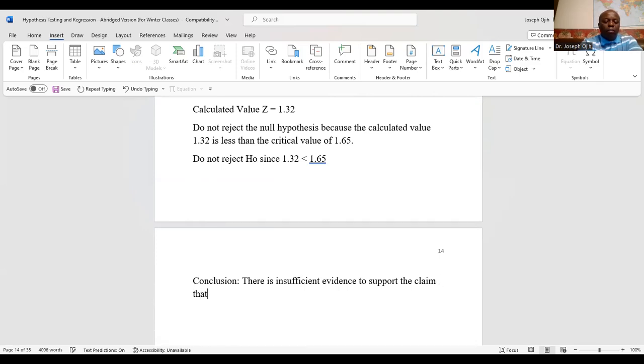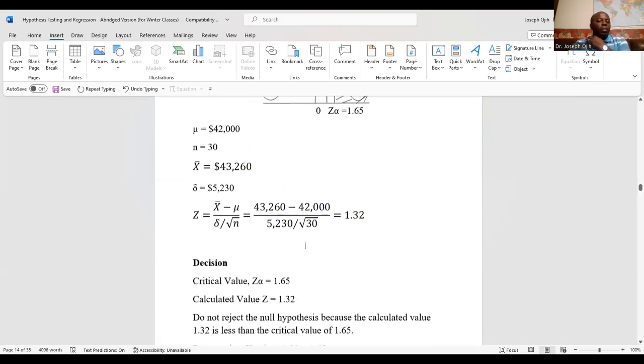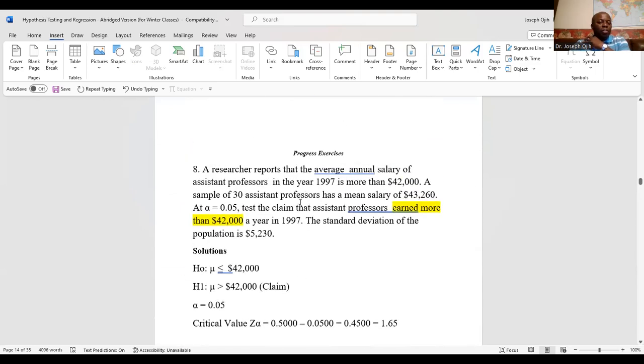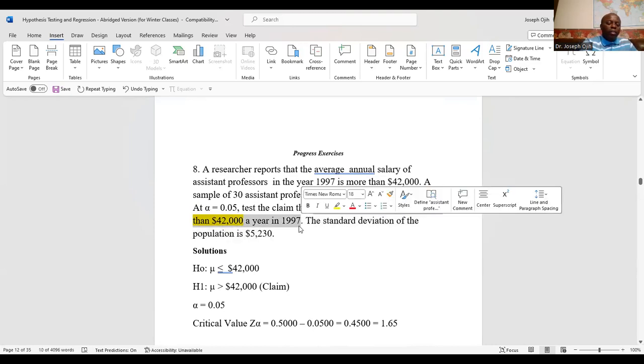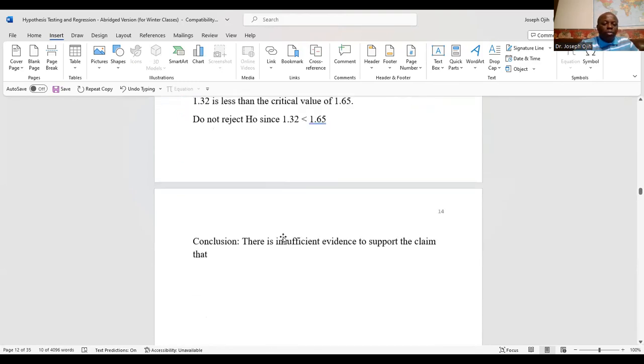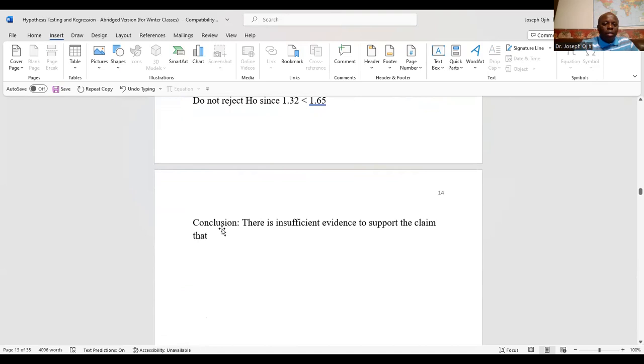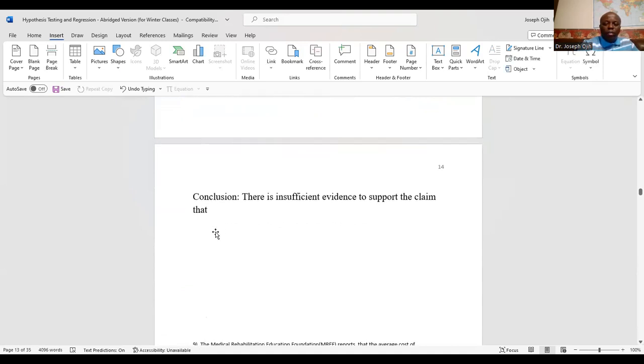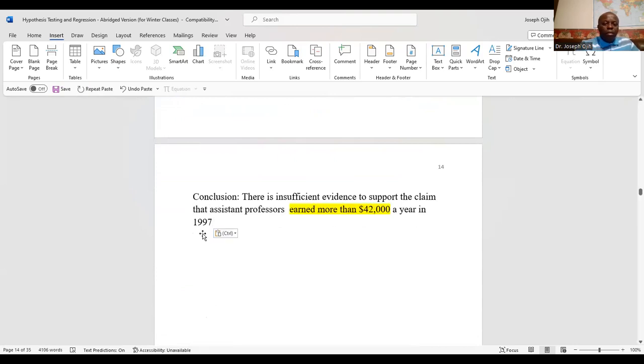And what is the claim? The claim was that assistant professors earn more than $42,000 a year in 1997. That's our conclusion. Okay.